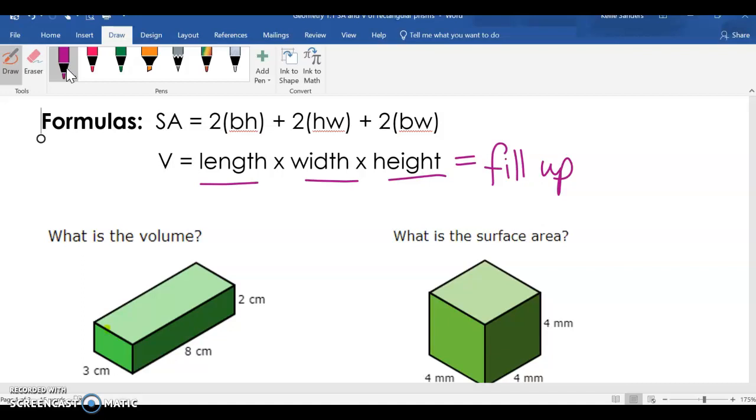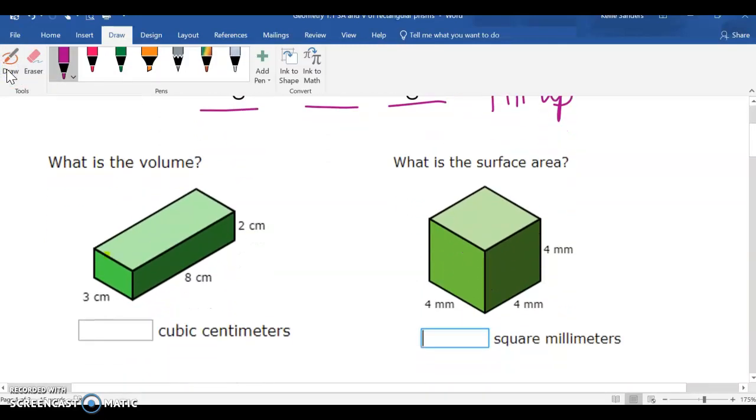On surface area, it's like wrapping a present. You're covering the sides up. How much area is in this side, but then you have 6 sides to find the area of, and we'll get to that in just a minute.